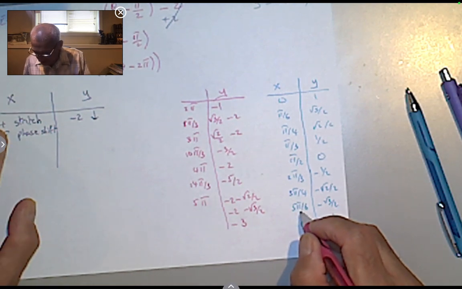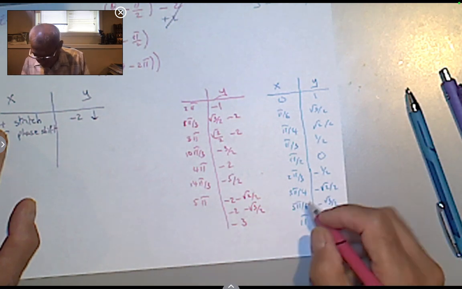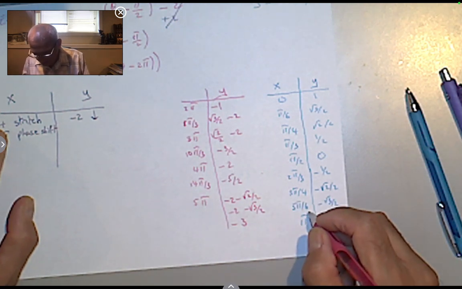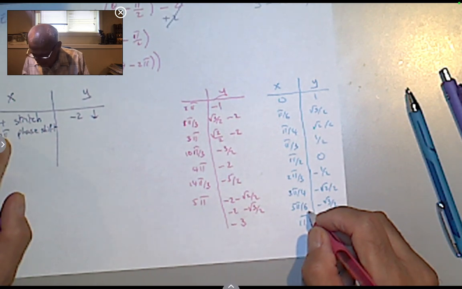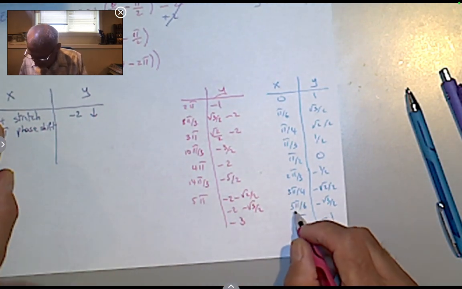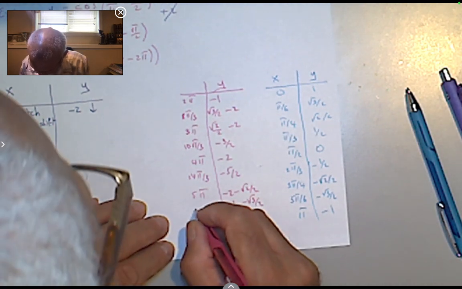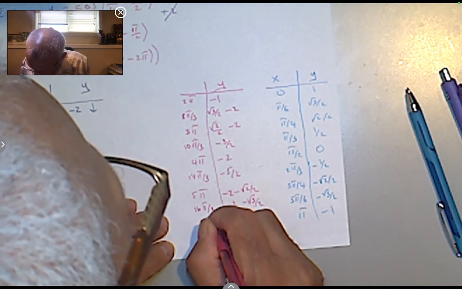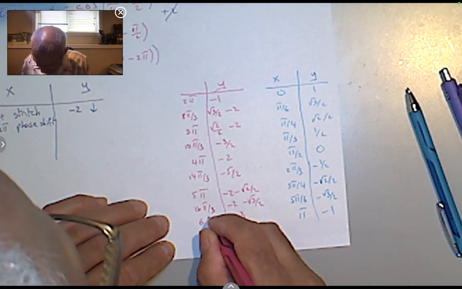Oh, wait a second, I'm sorry. 10 pi over 3 plus 6 pi over 3 is 16 pi over 3. And then finally 4 pi plus 2 pi is 6 pi.